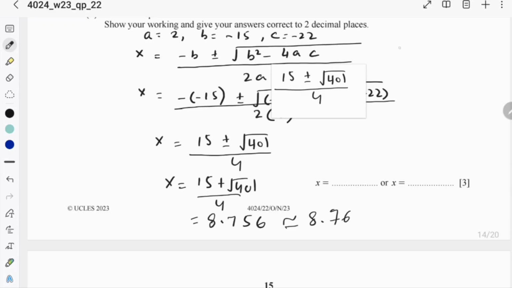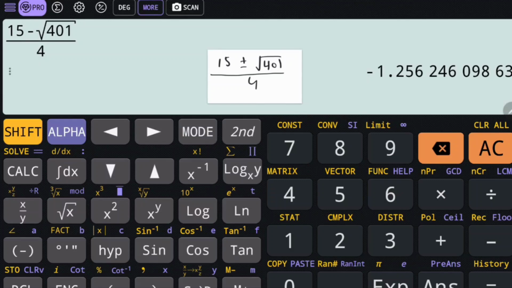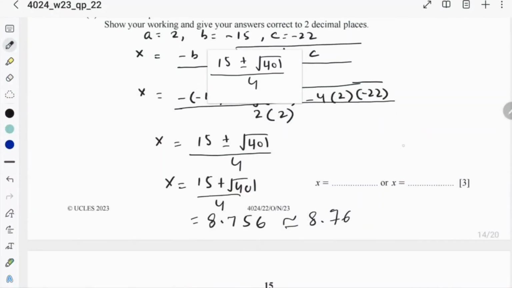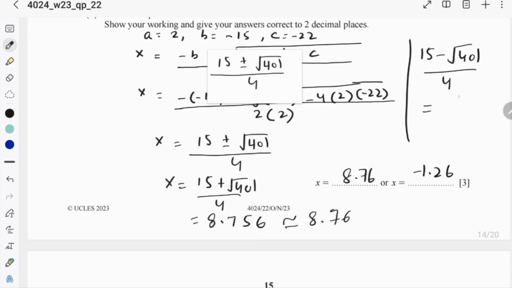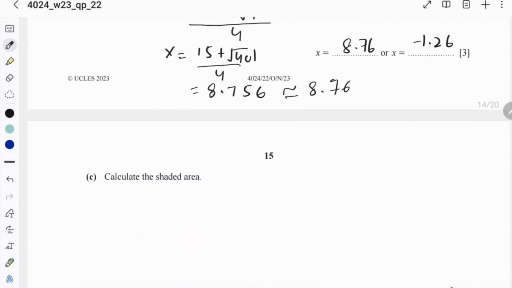Then the next one, 15 minus: we have to change only the sign, that is minus. The answer is minus 1.256, which is approximately minus 1.26. So x is 8.76 or minus 1.26. The other one was 15 minus square root of 401 upon 4, which equals minus 1.256. So that was part B of the same question.